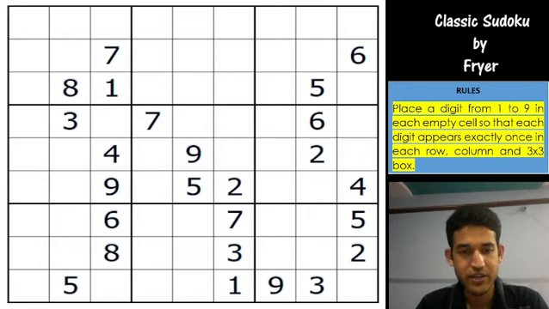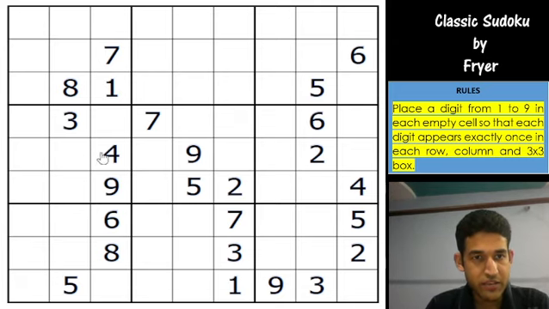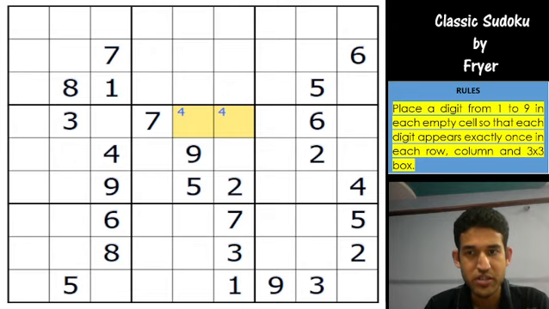So let us start the Sudoku now. Okay, I see 4 in row 5 and row 6, so which means 4 goes in one of those two cells. Okay, there are only 2 given 4s in the grid, so I don't think 4s are going to help us much.